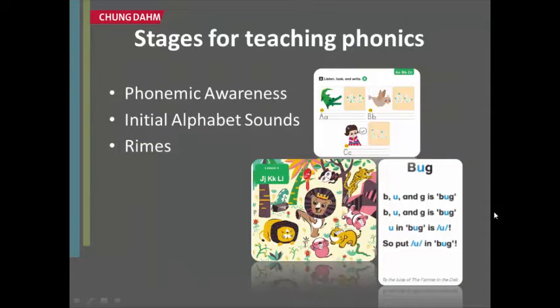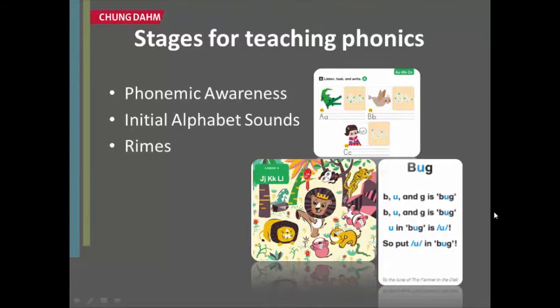Now, let's take a moment to discuss the stages for teaching phonics. As I mentioned before, phonemic awareness is a foundation of teaching phonics. Once learners understand that individual words are made of separate sounds, then they're ready to begin phonics instruction.